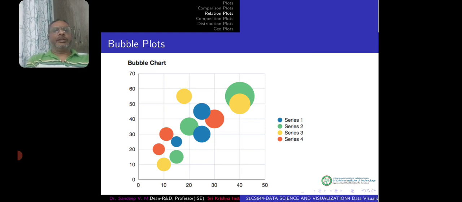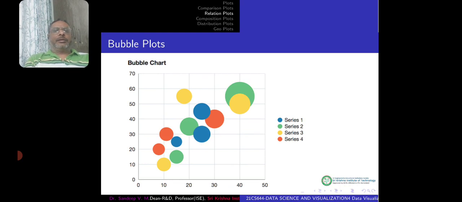And what it is trying to say is, for the green one, you see that with increase in x-axis, the y-axis value is also increasing, and along with that the size of the bubble is also increasing, which says that x is increasing, y is increasing, and the third parameter, which is used for the size of the bubble, that value is also increasing.